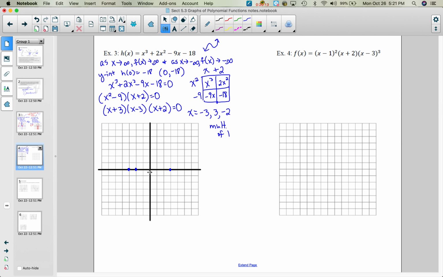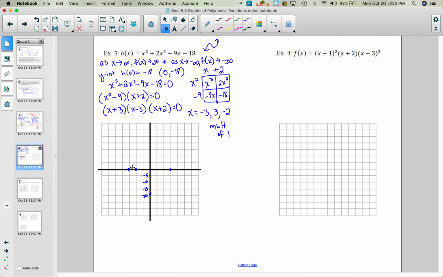So I'm going to count by 5s. So my y-intercept is here, and that helps a little bit because I know the end behavior, so I know that it must start far lower down and then come up. I just don't know how high up. I'm just going to tell you, I don't have the number written down, but I had the work done ahead of time.